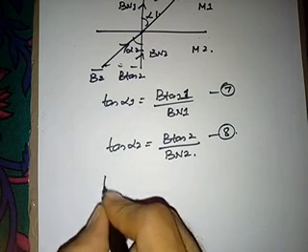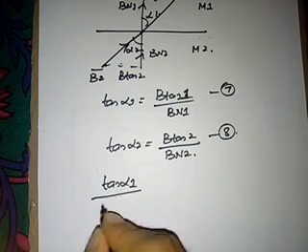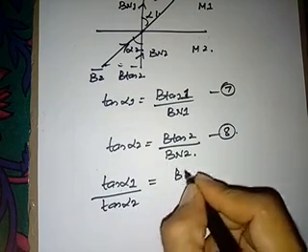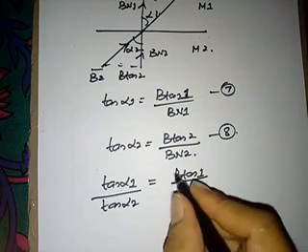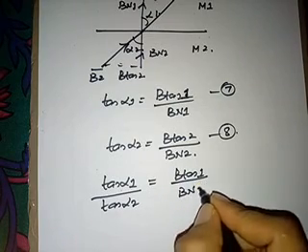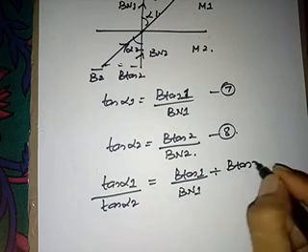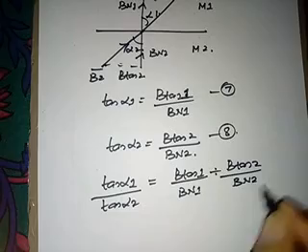So tan alpha 1 divided by tan alpha 2 will become equal to B tan 1 divided by Bn1 divided by B tan 2 divided by Bn2.